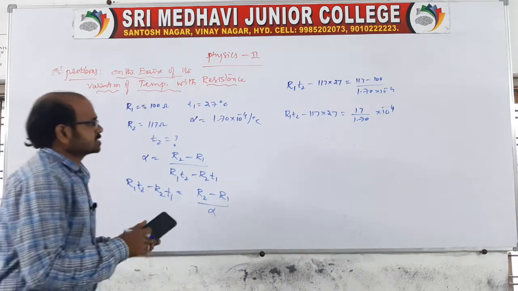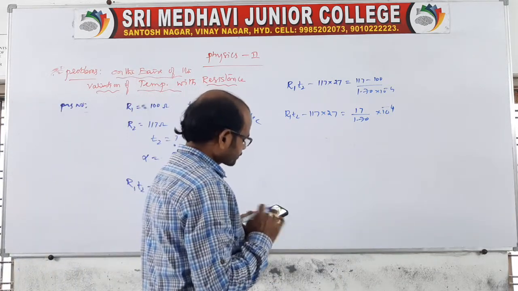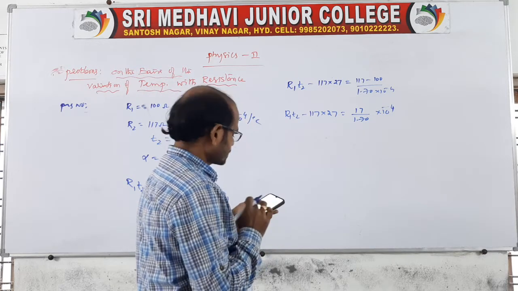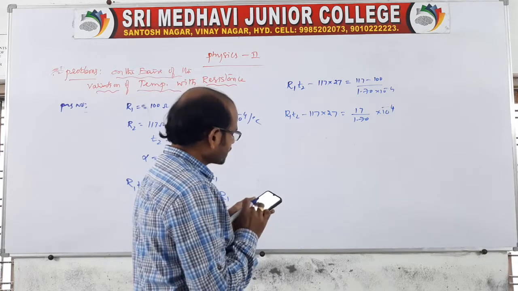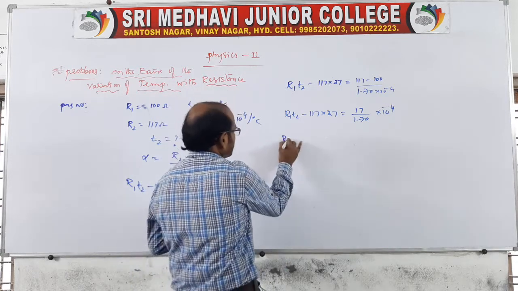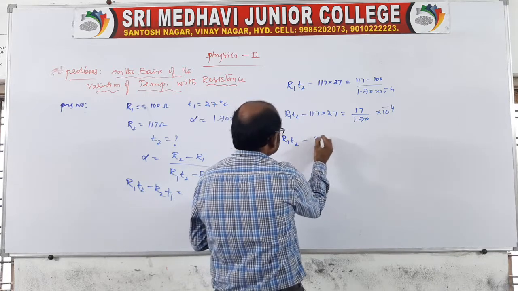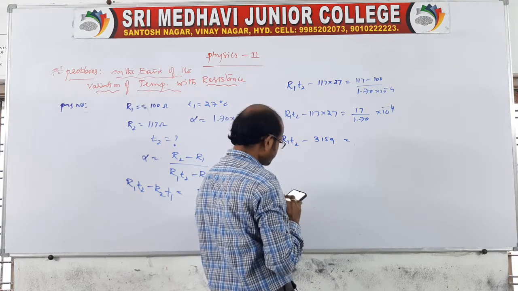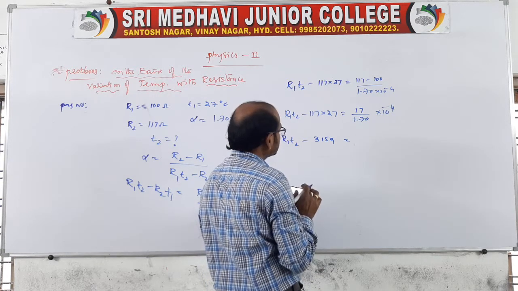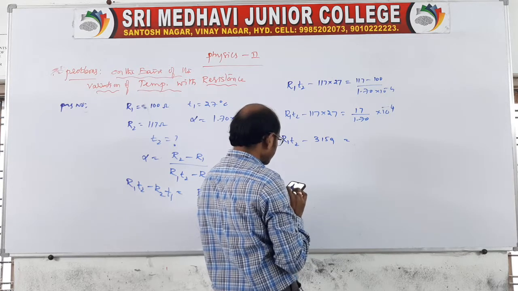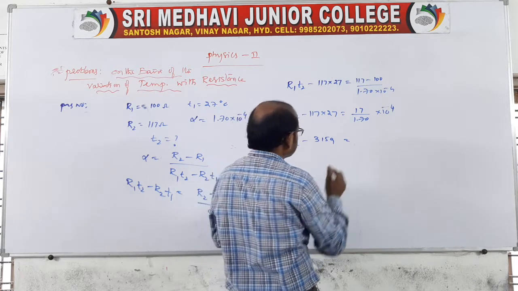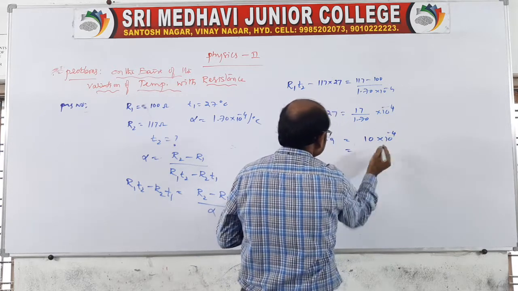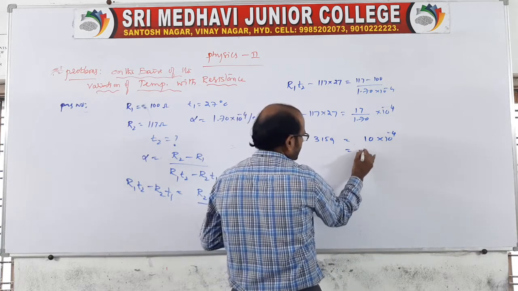Now let us do the calculation. First, the first one: 117 into 27 is 3159, so R1 T2 minus 3159 is equal to the next one. 17 divided by 1.70 is 10, and 10 into 10 power 4 becomes 10 power 5.